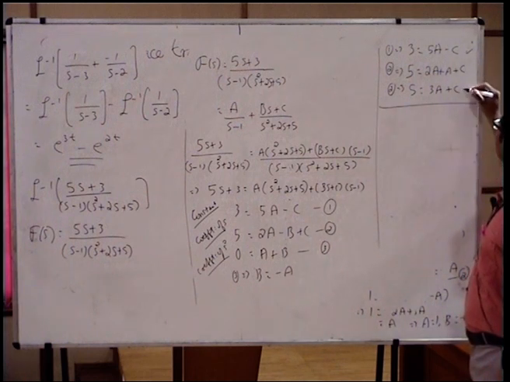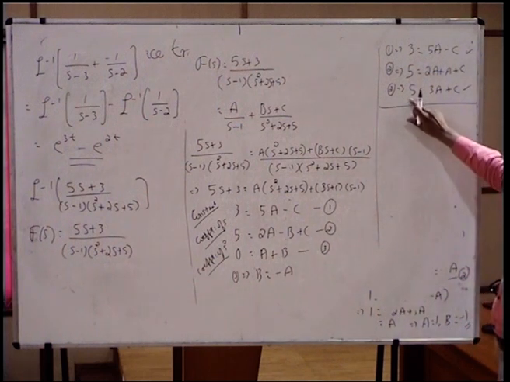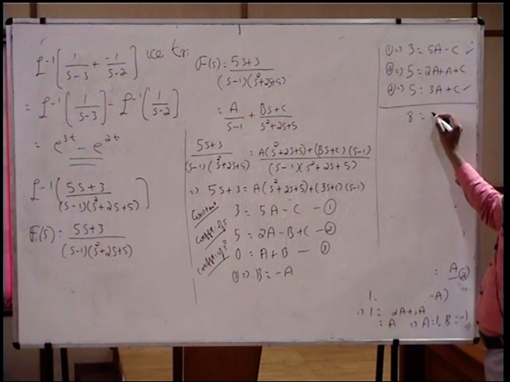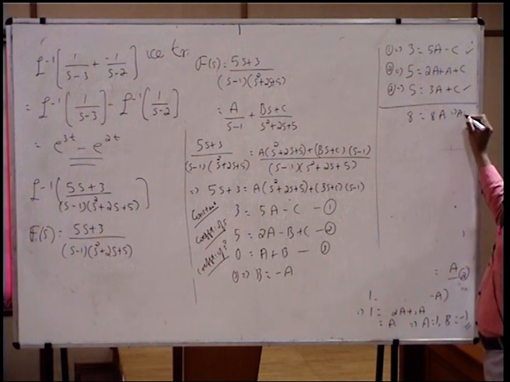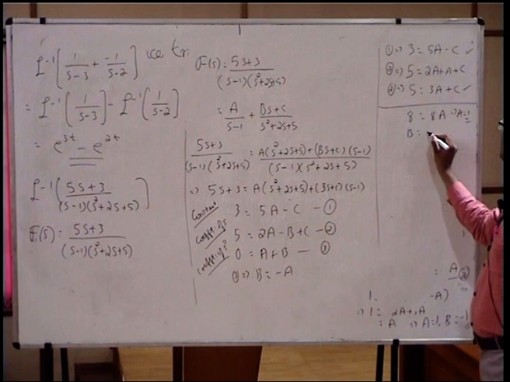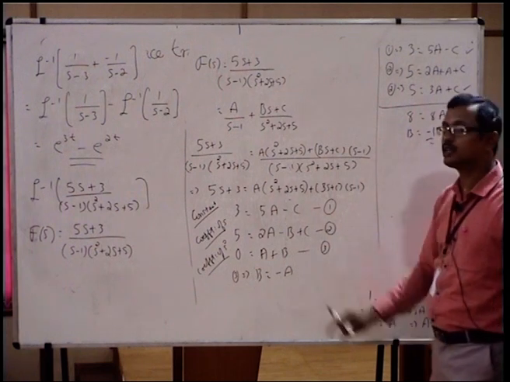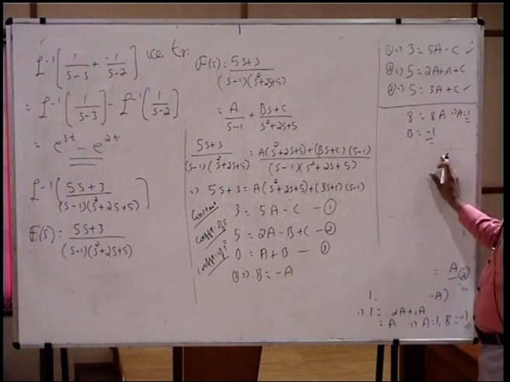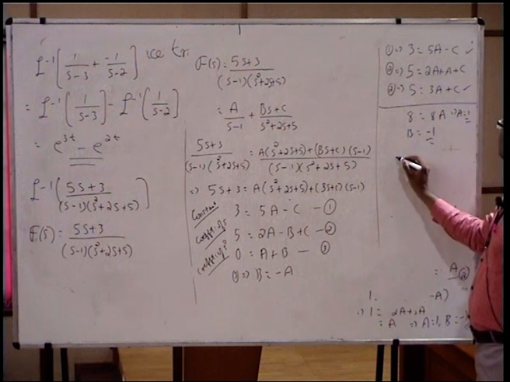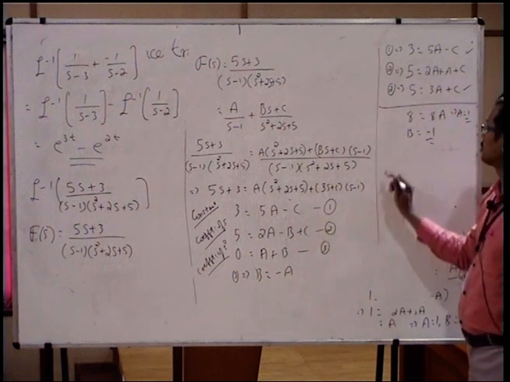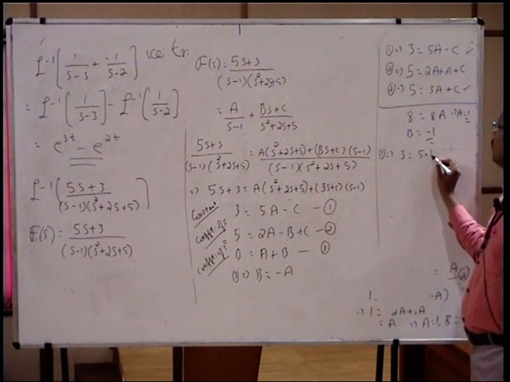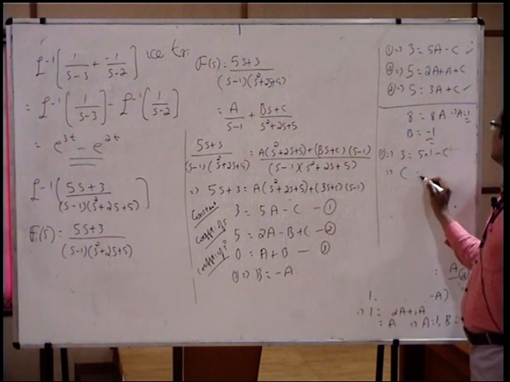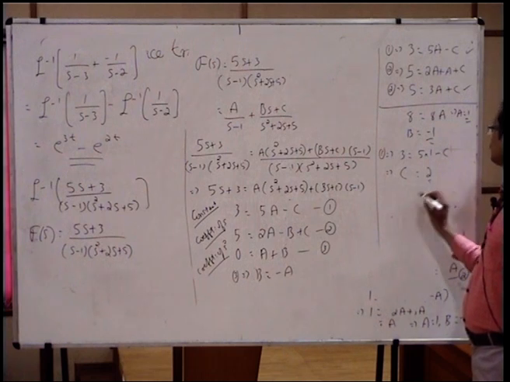Now add these two equations, so we get 5 plus 3 equal to 8, and c minus c is 0, equal to 8a, so that we get a equal to 1, and b equal to minus 1 because b is minus a. Since a equal to 1, the first equation implies 3 equal to 5 into 1 minus c, so we get c equal to 2.